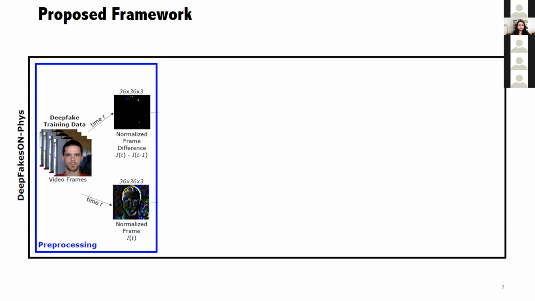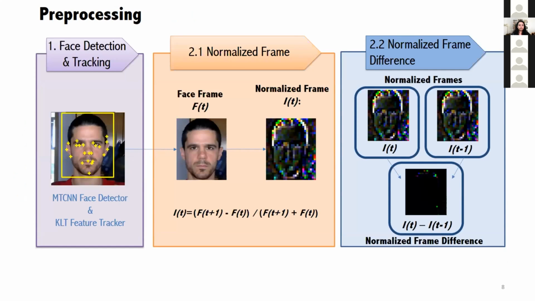The first stage of the framework consists in a preprocessing stage to prepare the images from the video to feed the convolutional attention network. The system receives the frames from the video and detects, crops and aligns the faces using the MTCNN face detector. For the rest of the video, it tracks the detected face using the KLT feature tracker.